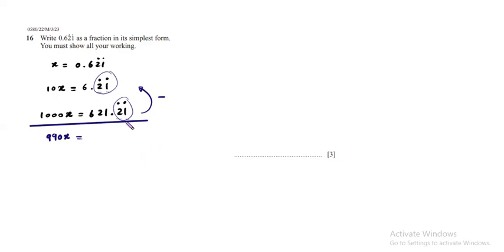I need to deduct this 6.21 recurring. So when I do that, I end up getting 615. Now I need to find what x is. I need to divide both sides by 990. So when I do that, I get the value of x, which is equal to 615 over 990.